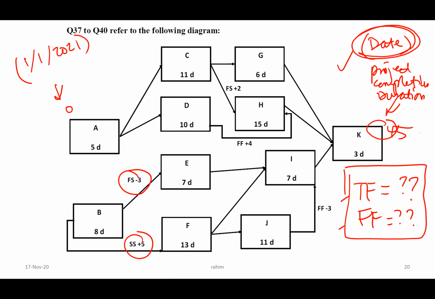Just by looking at the total float, free float, you will know what would be the impact when a certain activity is delayed. For instance, if F is delayed, what could be the impact on J or even I or even on the overall project duration? You can know actually, but just for the sake of learning purposes, normally in a real construction project, that is what is happening.